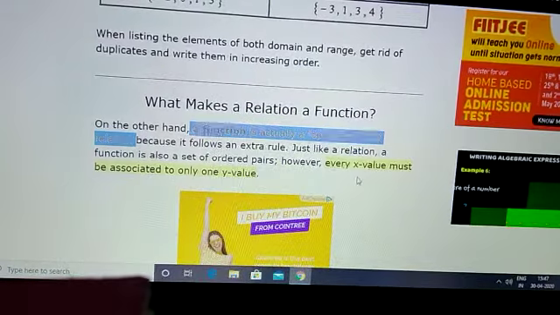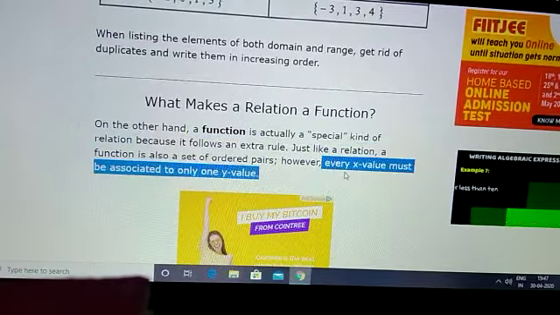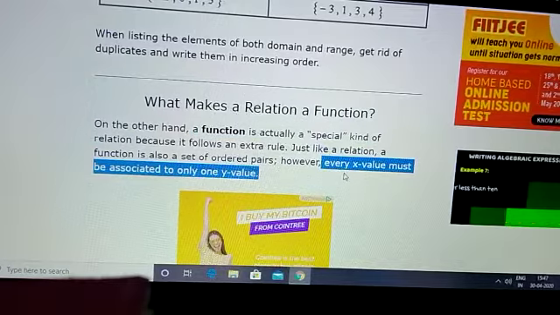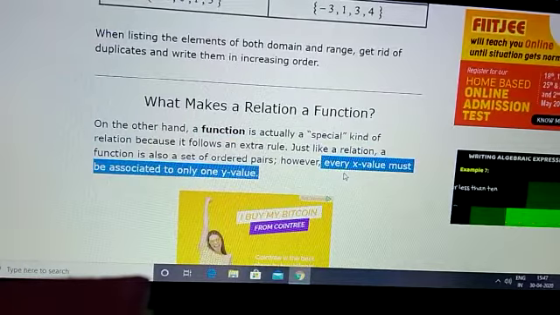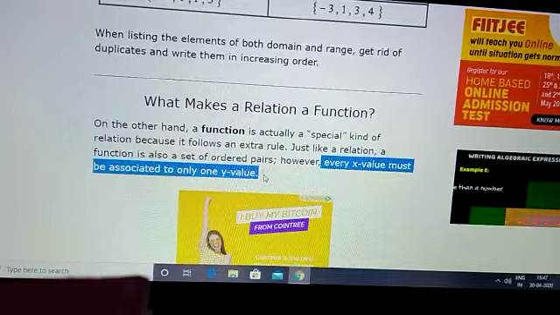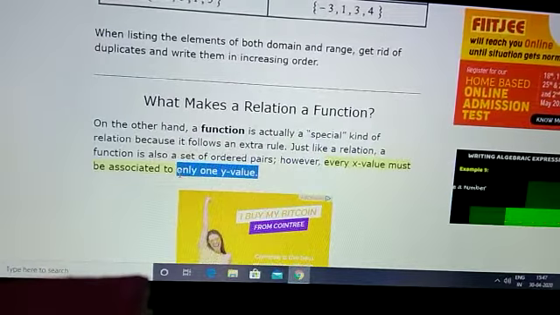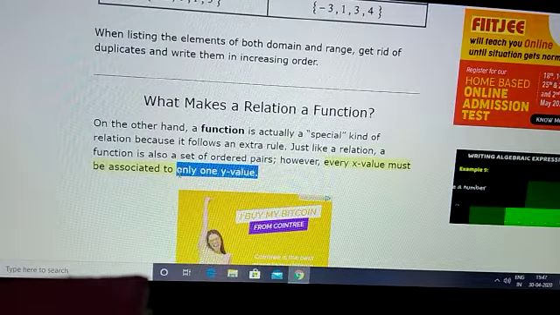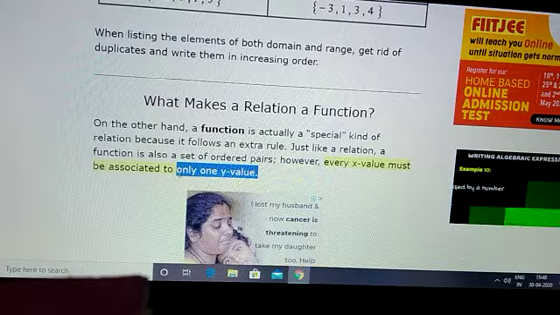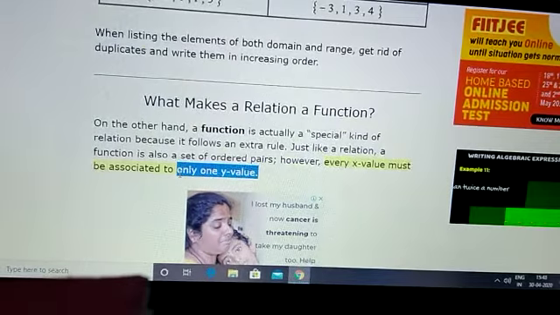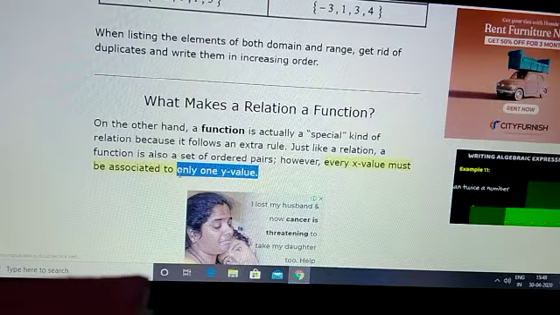It is written here that every x value must be associated with only one y value. This is a very important line. The element of x must be associated with only one value of y. If there is only one value of y, it is known as a function, otherwise it is not.